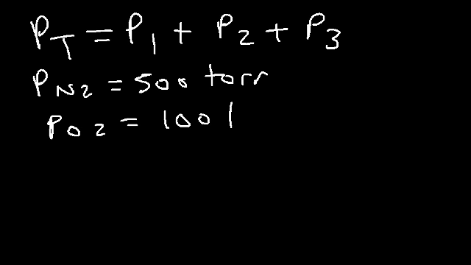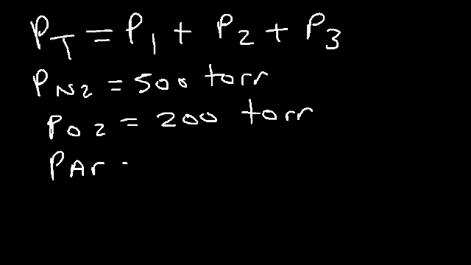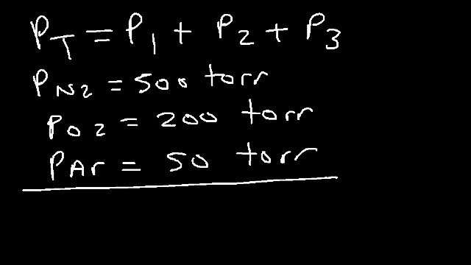Actually, let's make that 200 torr. And let's say the partial pressure of argon is 50 torr. So according to Dalton's law of partial pressures, the total pressure is the sum of the partial pressures, so that's 750 torr.